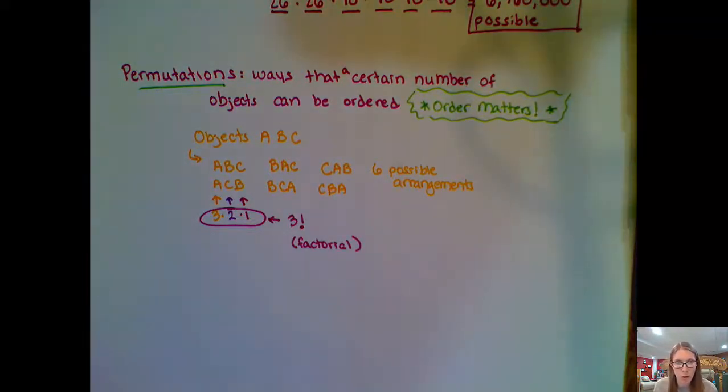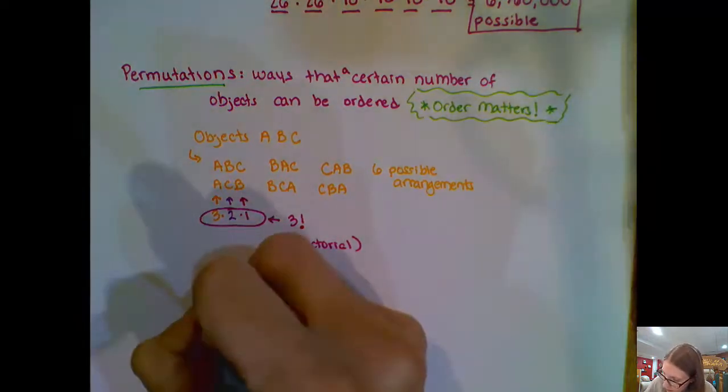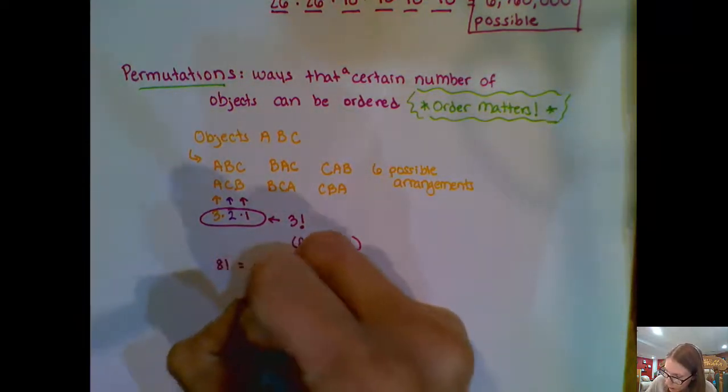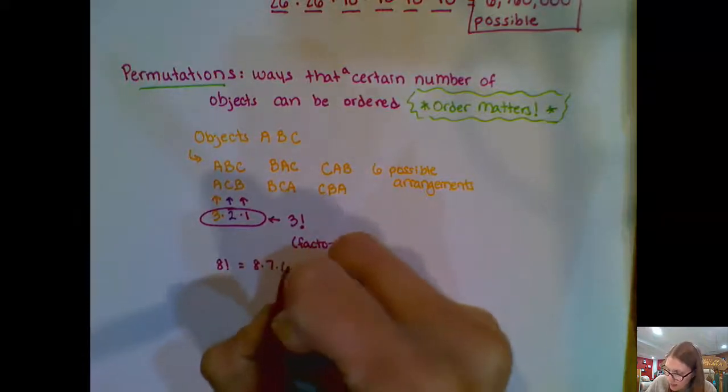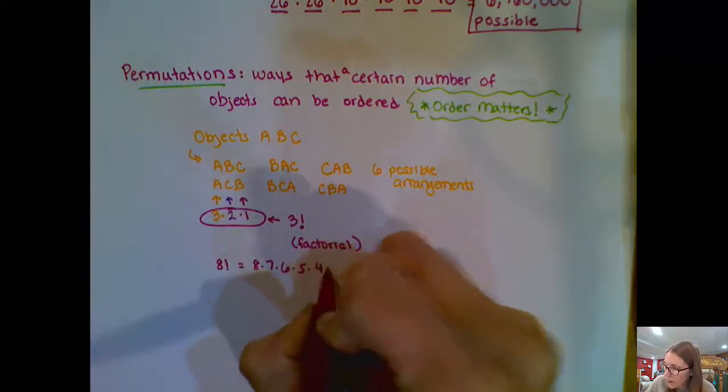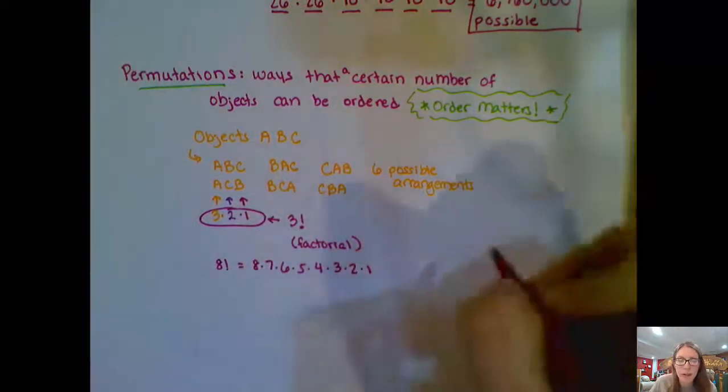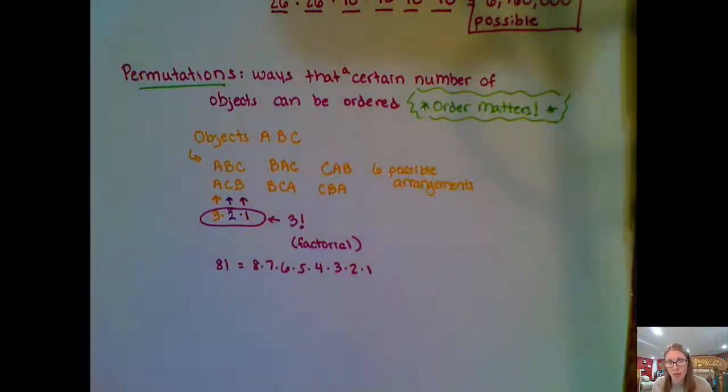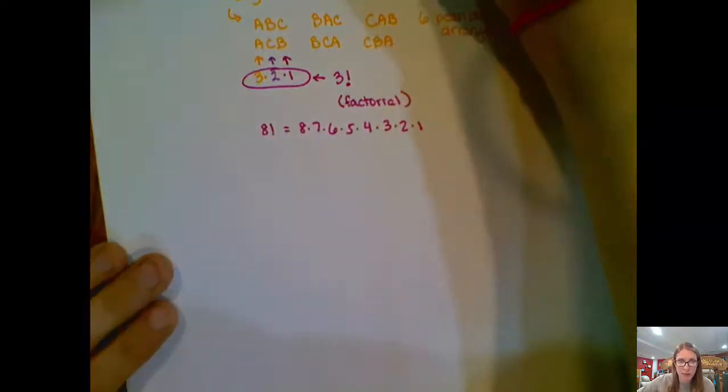So 8 factorial would equal 8 times 7 times 6 times 5 times 4 times 3 times 2 times 1. So we decrease all the way down until we get to 1. Right. And again, this idea of factorial really stems from our fundamental counting principle.